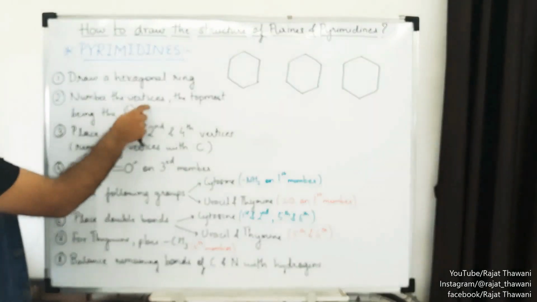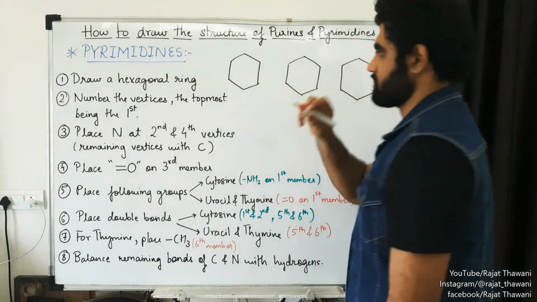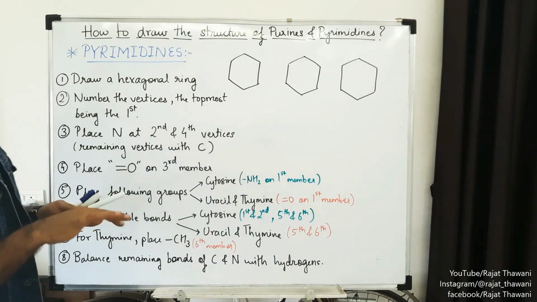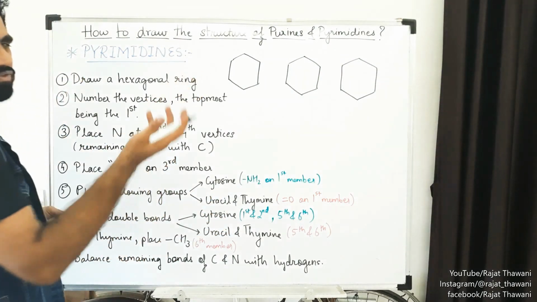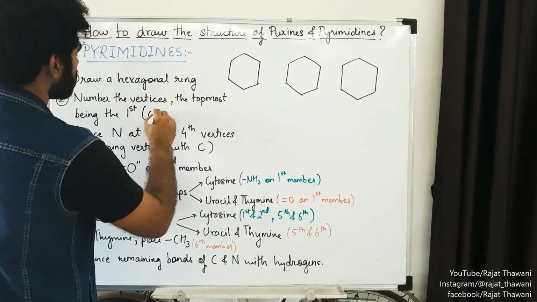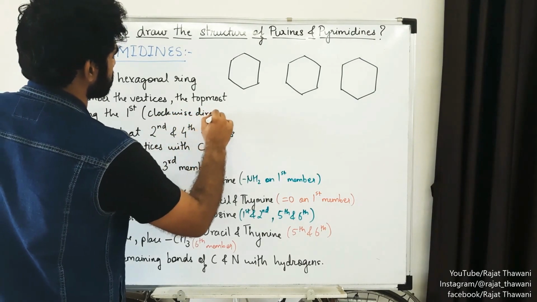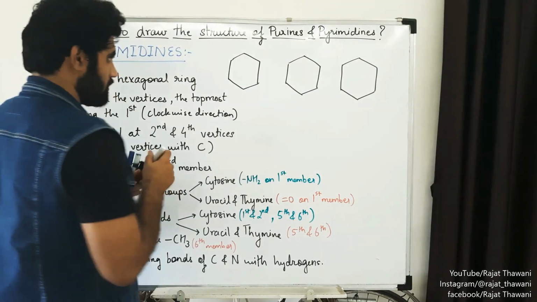Second, number the vertices, the topmost being the first. This, the topmost, being the first. For our convenience and easiness of drawing, we will number them in clockwise direction. Okay, so let's number them.